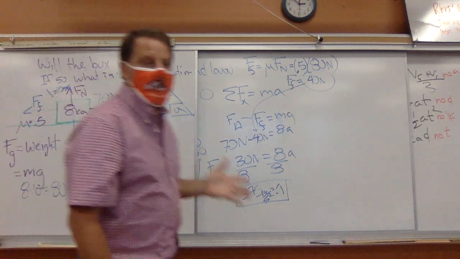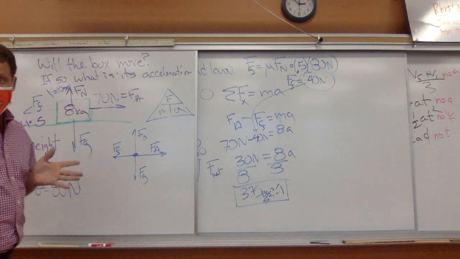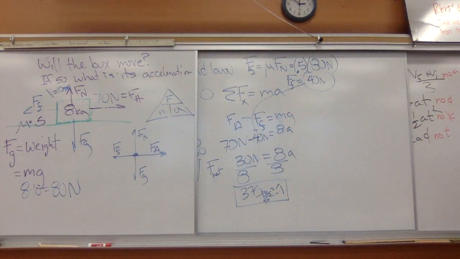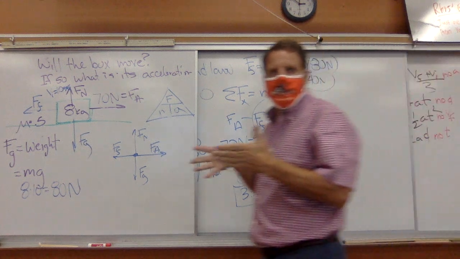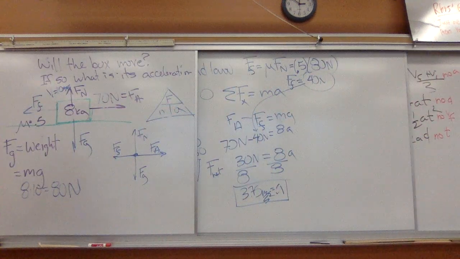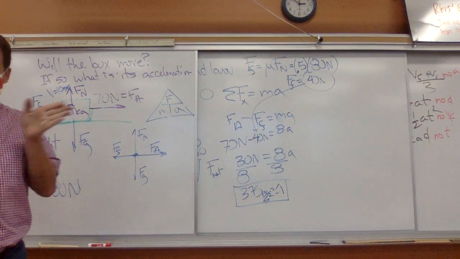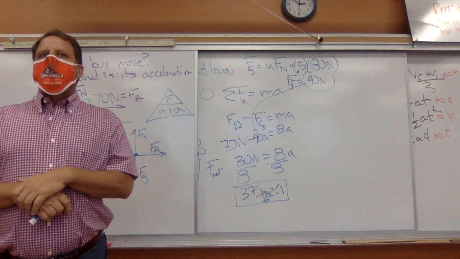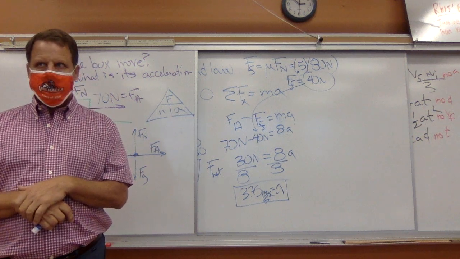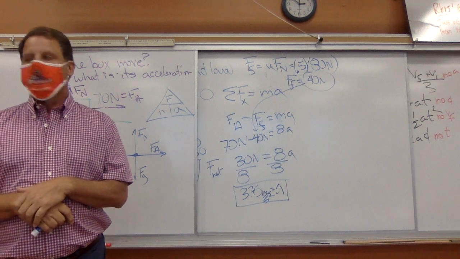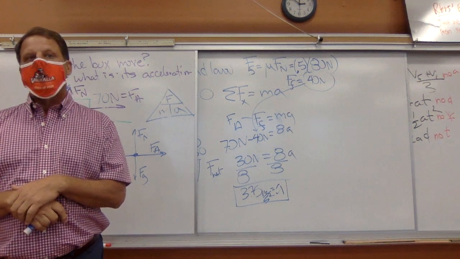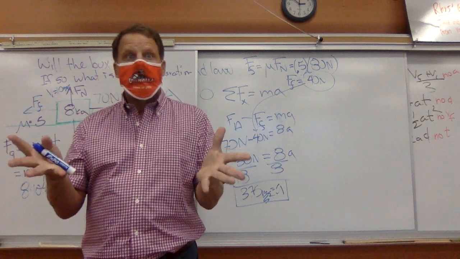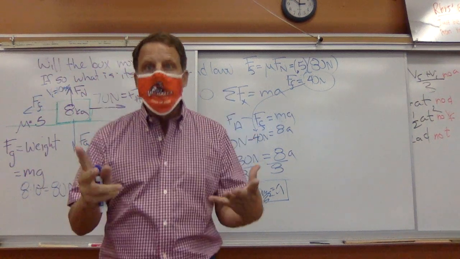I am going to be walking at a constant 2 meters per second. What is my acceleration if I'm walking at a constant velocity of 2 meters per second? The answer is not 2. The answer is 0.